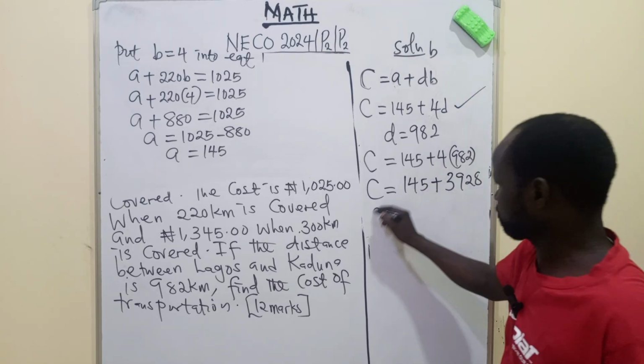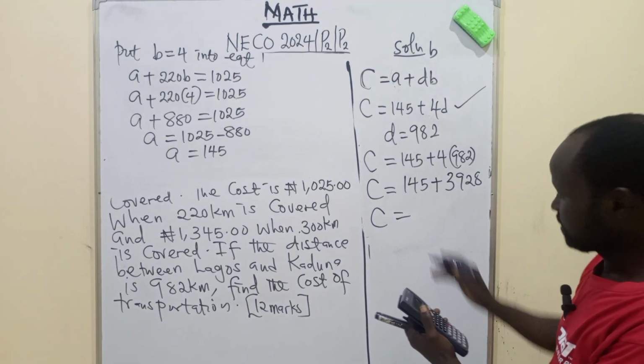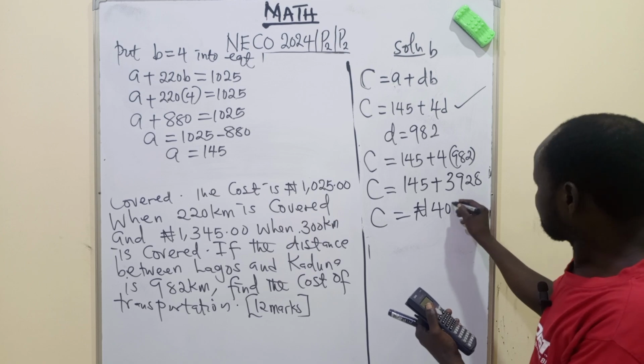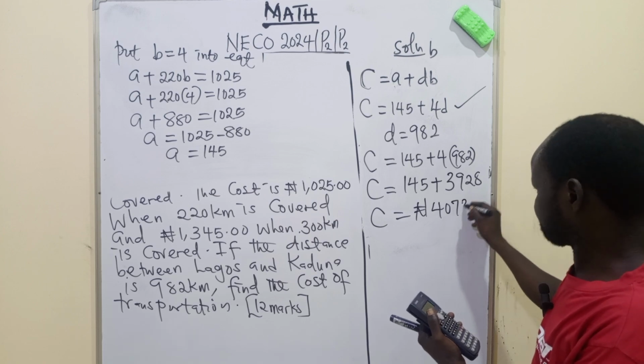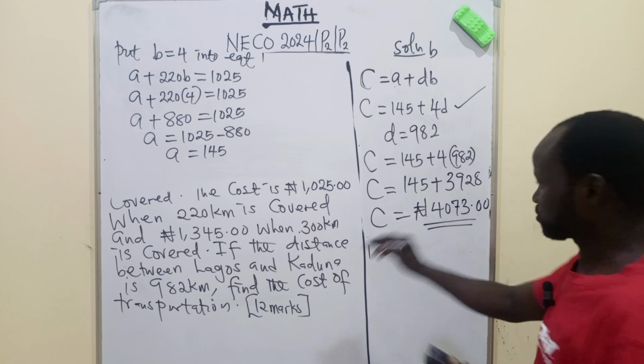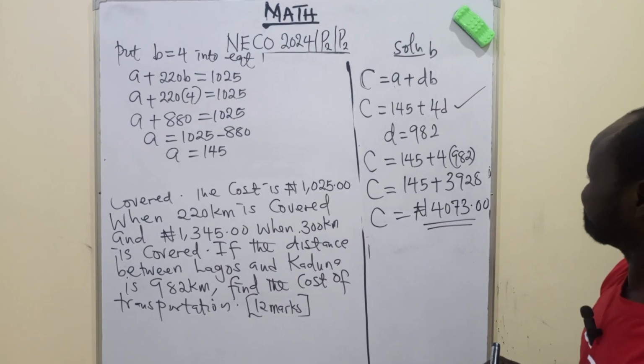We add the cost now will be plus 145. That will be 4,073 naira. So that will be the cost of transportation from Lagos to Kaduna. So this is the solution to B.